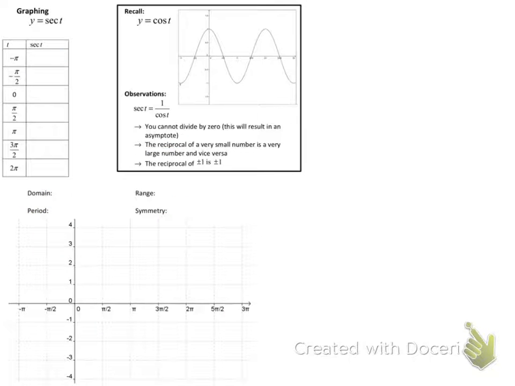Okay, so now onto our secant graph, which we know is 1 over cosine. Very similarly, at negative pi, we have a cosine value of negative 1, so we have a secant value of negative 1. At negative pi over 2, cosine is 0, so therefore secant, 1 over 0, is undefined.